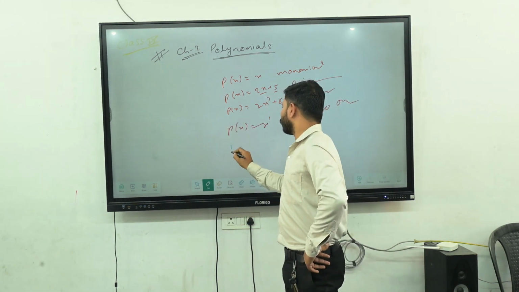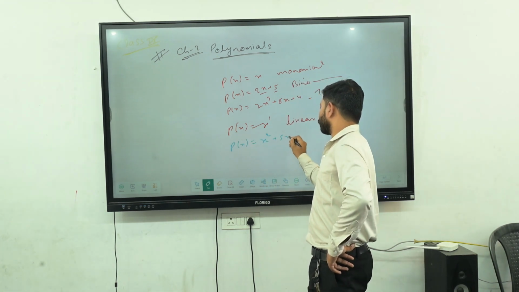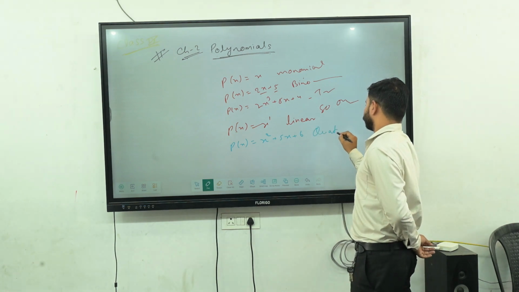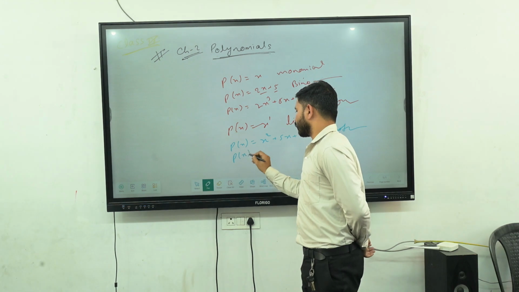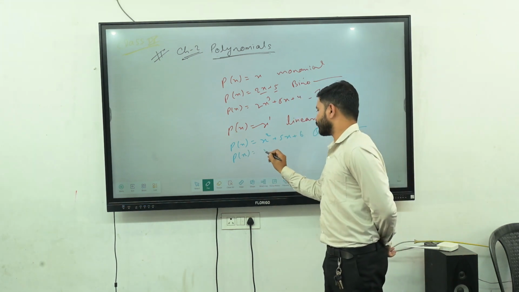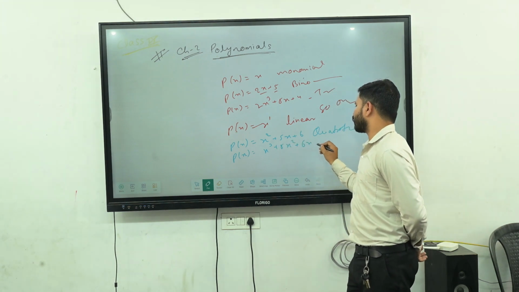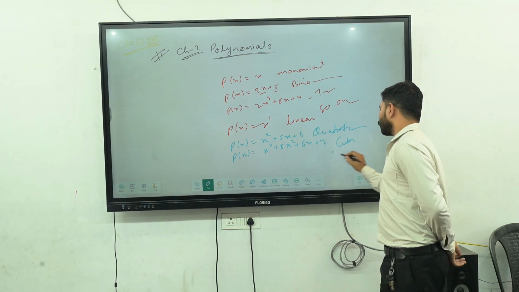And if the power of the polynomial is 2, like x² + 5x + 6, then it is called quadratic polynomial. And if the polynomial has highest power 3, like x³ + 5x² + 6x, then it is called cubic, and so on.